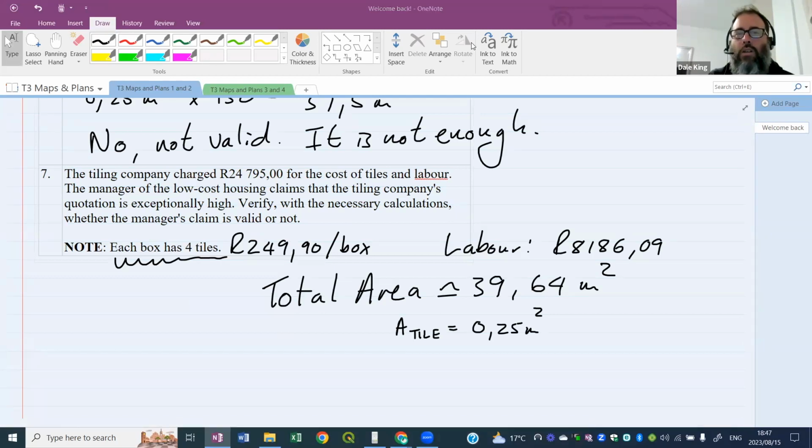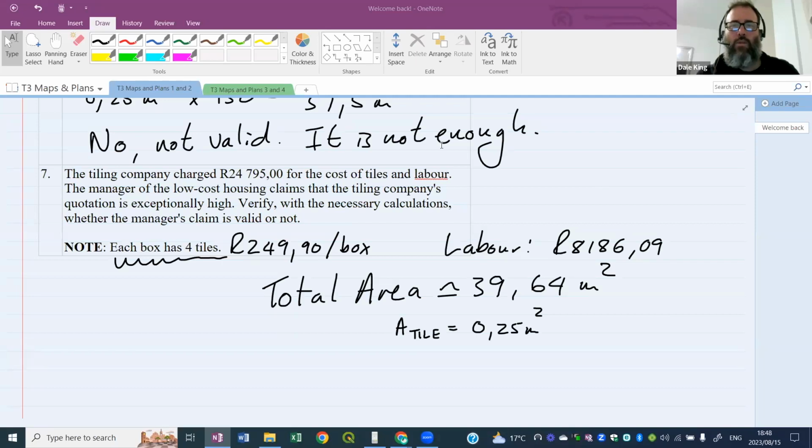You should be dividing to get a price. I think you're trying to get a price for 1 tile. Try that, and then that'll give you a price for 1 tile. Okay. Thank you.